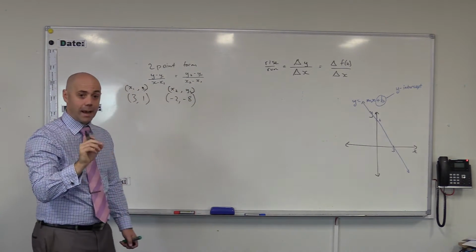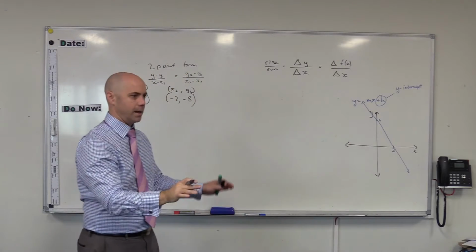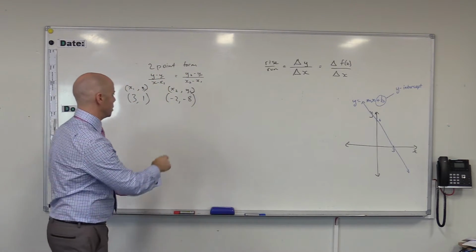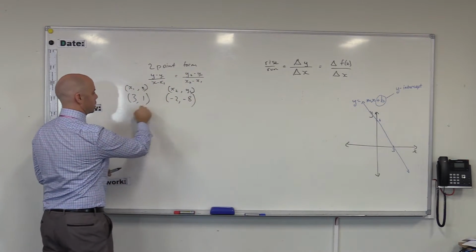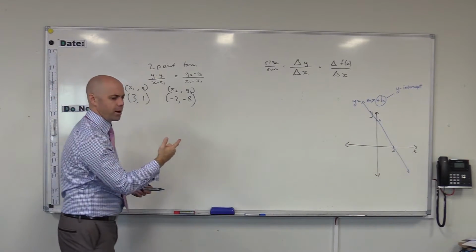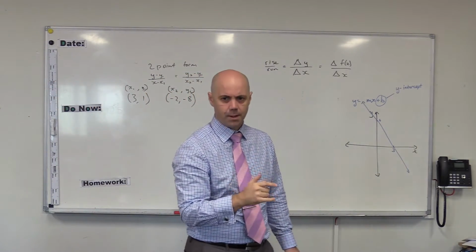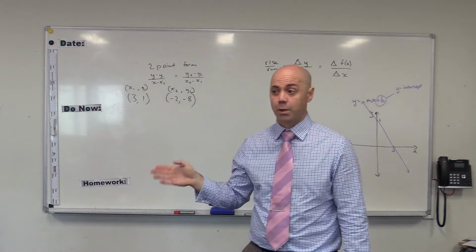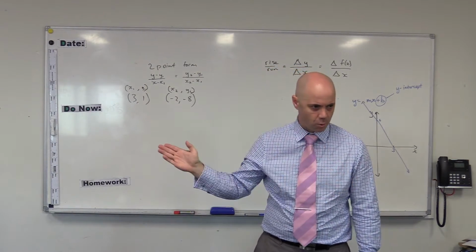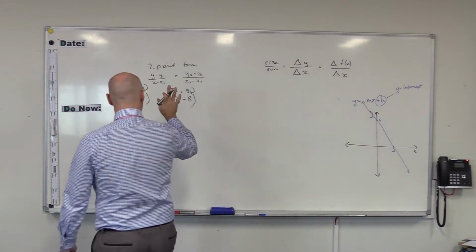It's really helpful to label them as you're doing it so you don't get them mixed up. If you switch them around halfway through, you'll end up with the wrong answer. It doesn't matter which one you choose, you just have to be consistent all the way through your working. So it's good to label it.